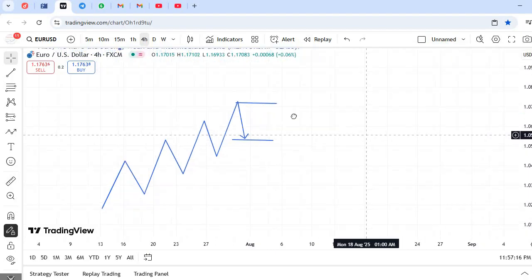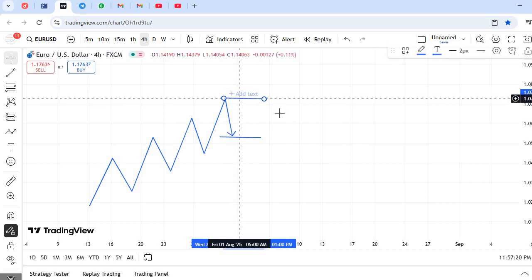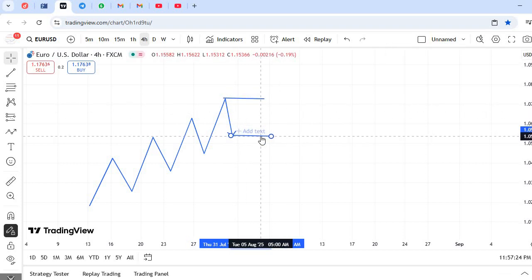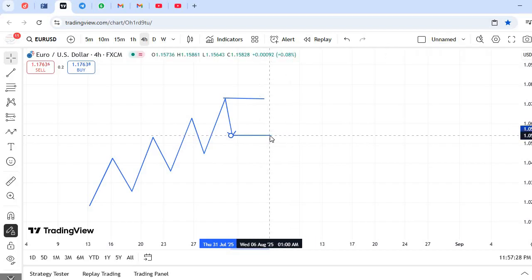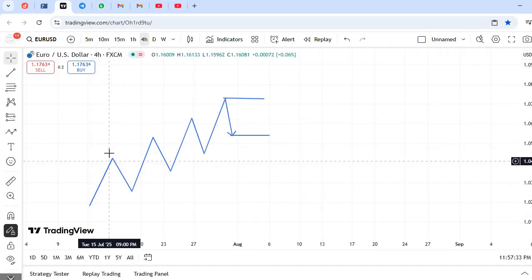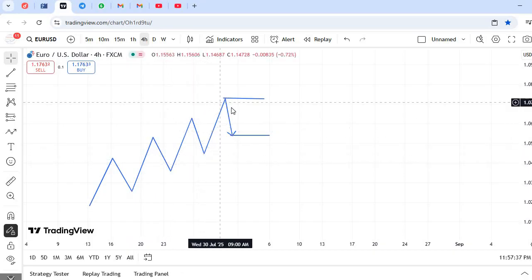So this is the last high, and this is the last low. Can you see? So we have impulse, correction, impulse, correction, impulse, correction, impulse, correction.